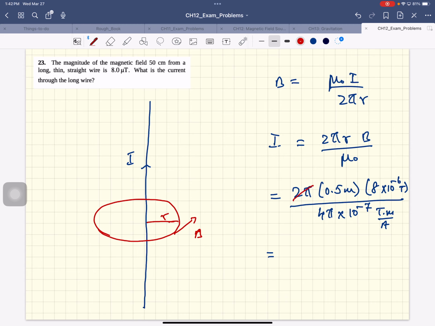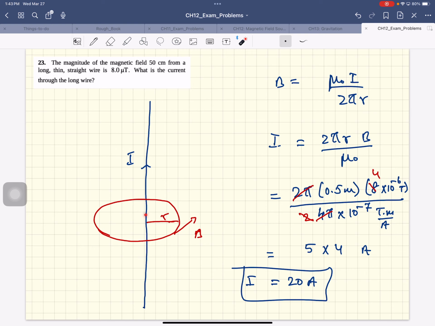Okay, that's 2. Let's take care of powers of 10. That's 10 to the minus 1, that comes to the top. That becomes 10 to the plus 1. So now that is 5 times 4. Amps. Okay, 20 amps. So that's a large current.